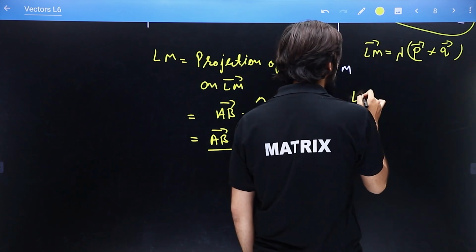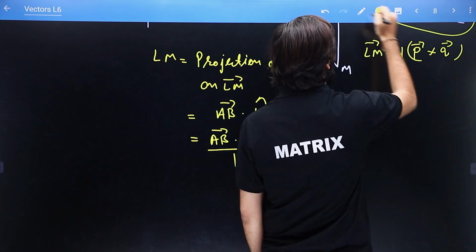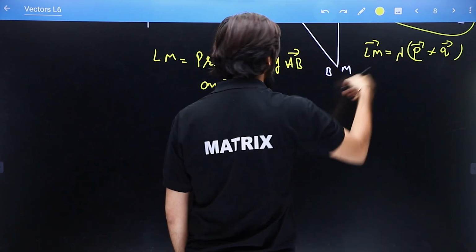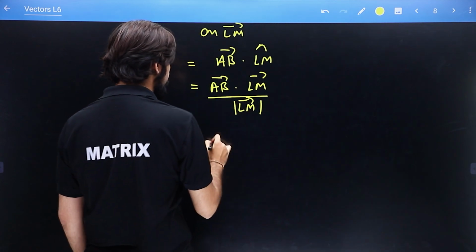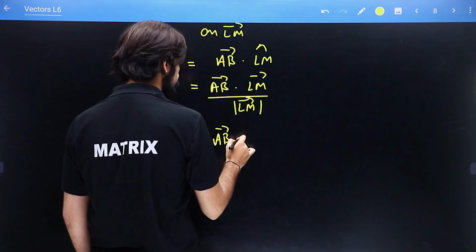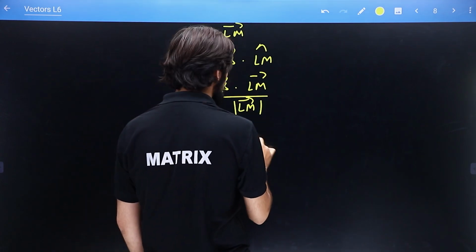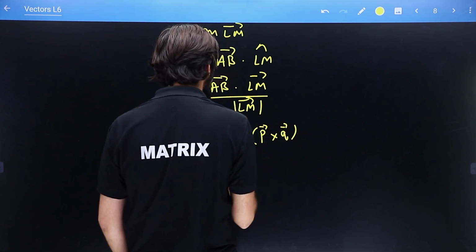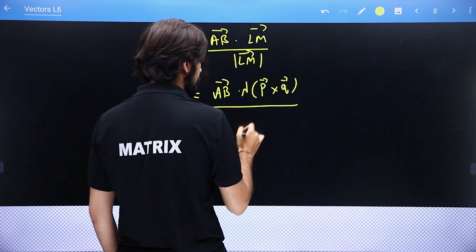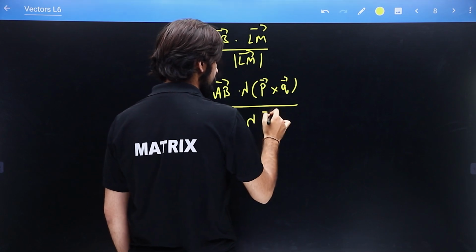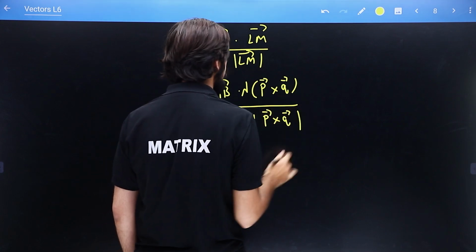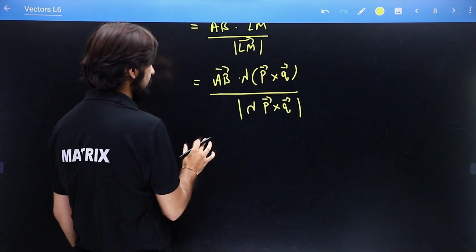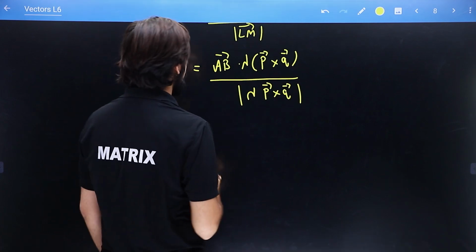What will be LM cap? Or leave it, you can put this value here. So this will be AB dot LM, where LM is lambda times P cross Q. Similarly, the mod of lambda times P cross Q will be lambda times the magnitude of P cross Q. So we can take lambda outside and lambda will cancel out.